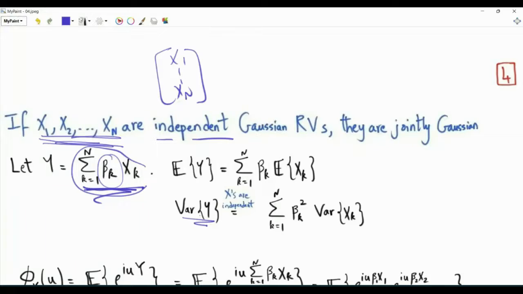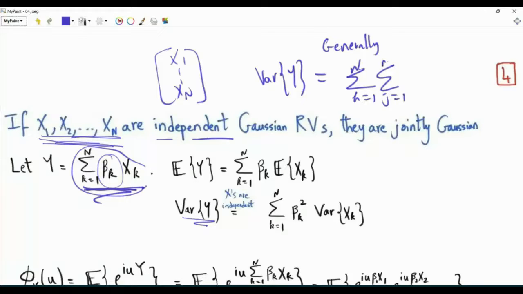And then for the variance, generally, the variance of y will be a double sum: summation k from 1 to n, summation j from 1 to n, beta k, beta j, then covariance of xk, xj, as we did on the first page. This is the general case.